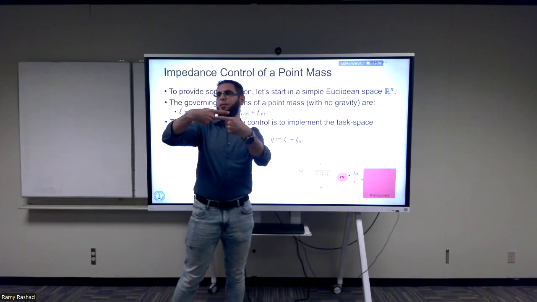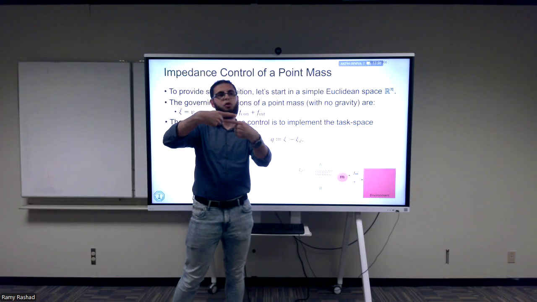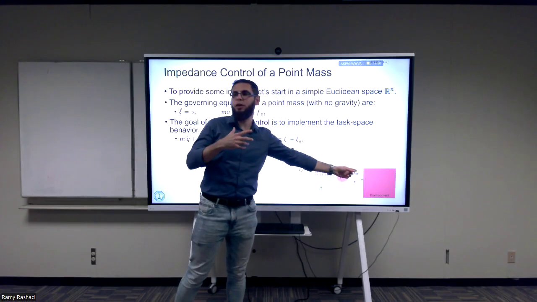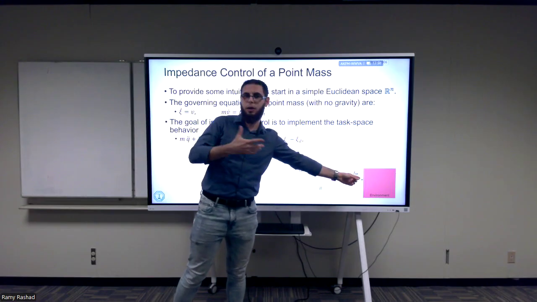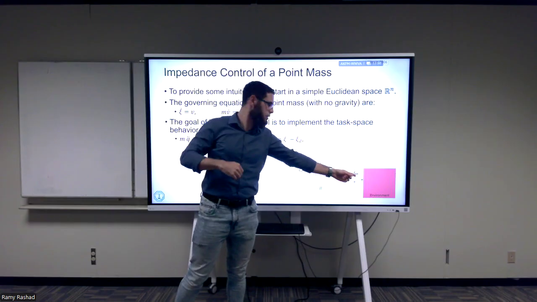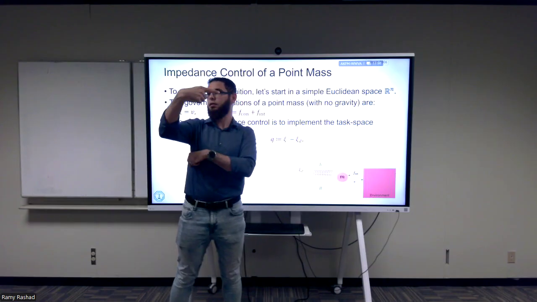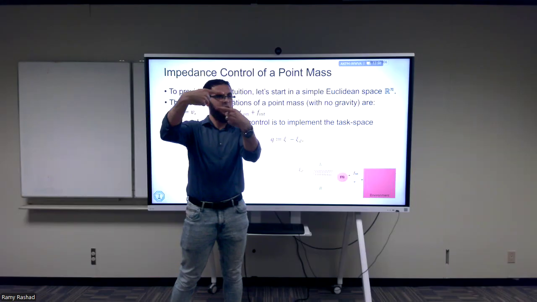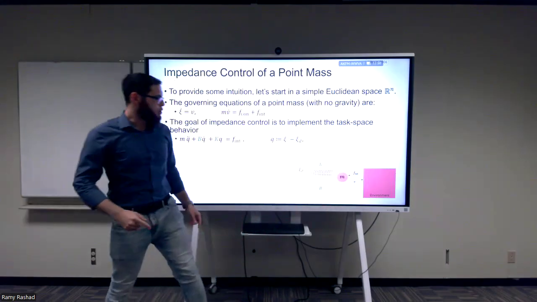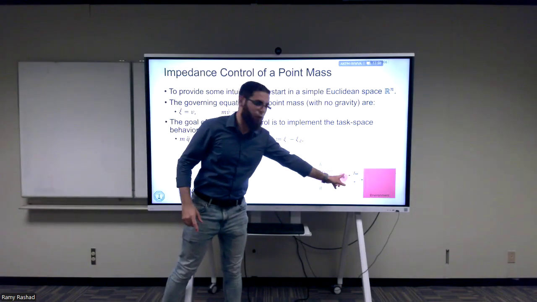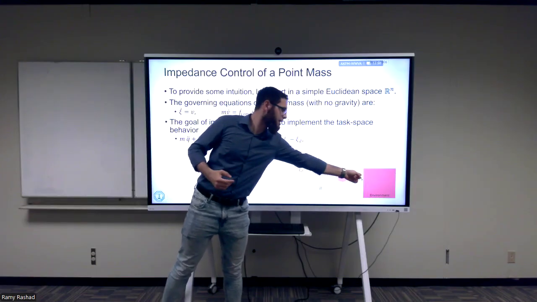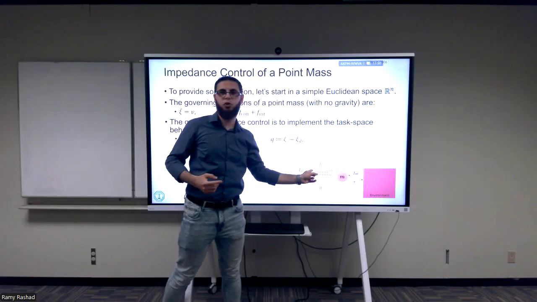And if I take the pairing between them, I always get power. This is what's known in the port-Hamiltonian literature as a port that you connect to the system. You see, the port is not one signal going aside. We're always thinking about this bidirectionality of two signals. So the point mass, which is our system, is connected by this port to the environment and by this port to the controller.